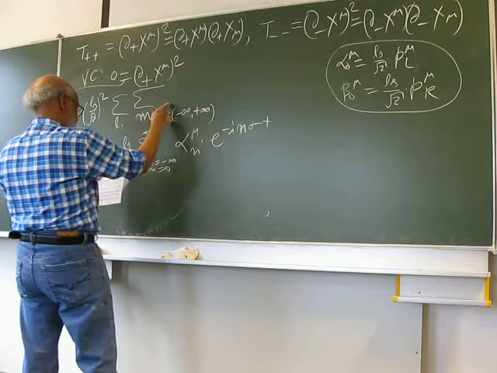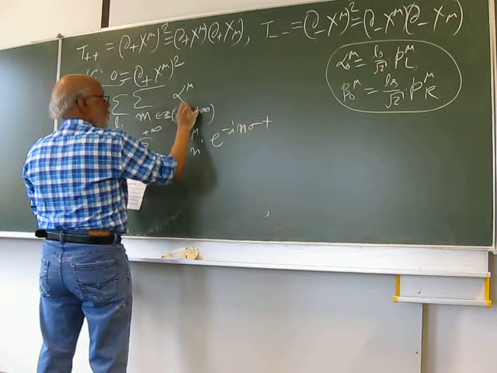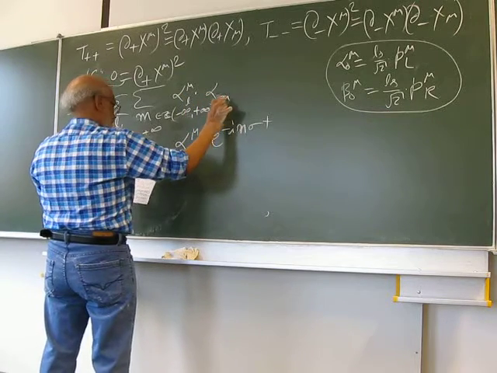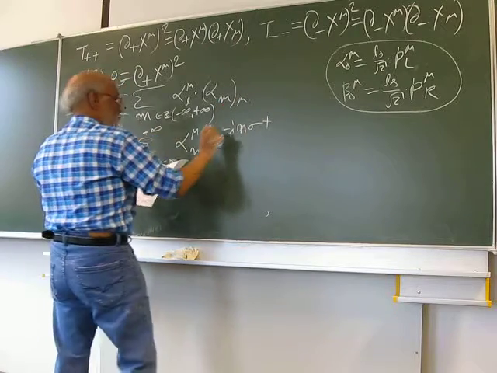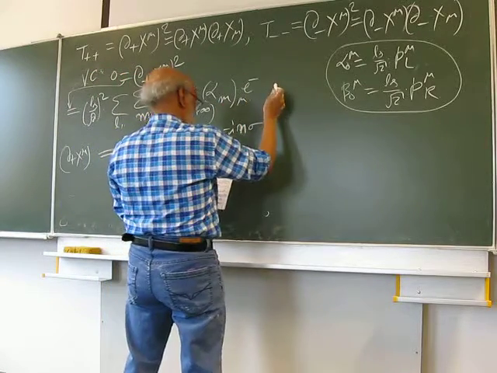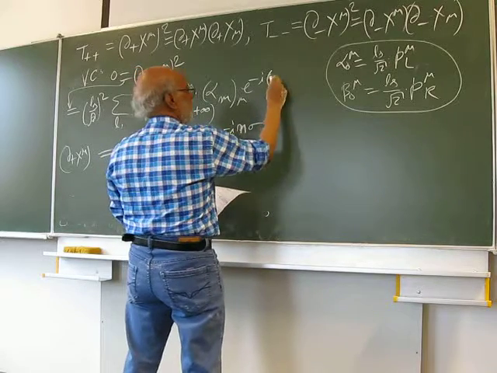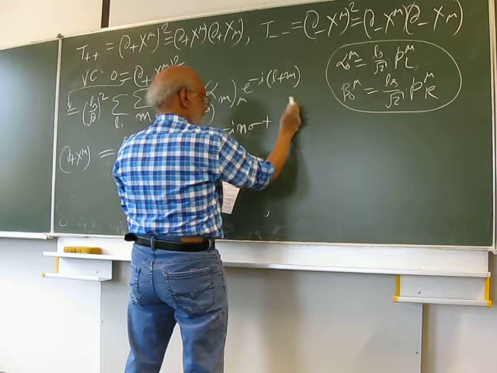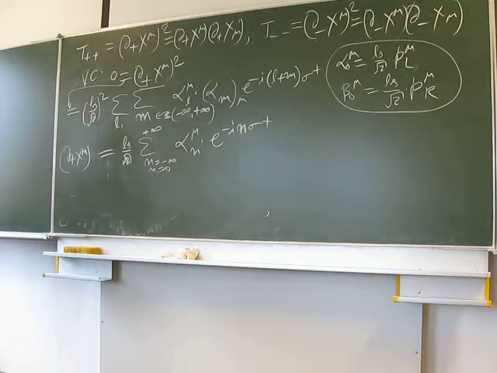So sum over L, sum over M, and alpha mu L, alpha M, and so one mu comes here, e to the power minus i, so this would be L plus M sigma plus. Is this okay?